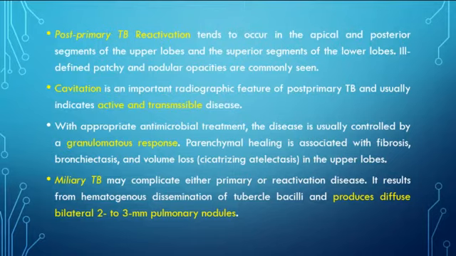Once receiving treatment, granulomatous response will appear, and parenchymal healing is associated with fibrosis, bronchiectasis, and volume loss in the upper lobes. Miliary TB may complicate either primary or reactivation disease. It results from hematogenous dissemination of tubercle bacilli and produces diffuse bilateral 2 to 3 millimeter pulmonary nodules.